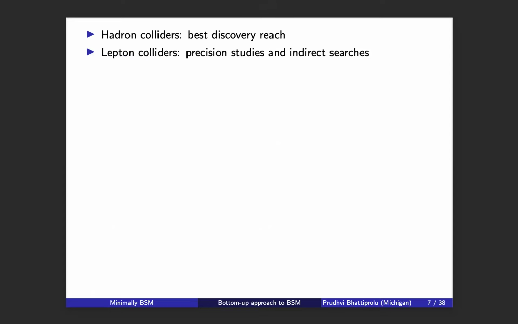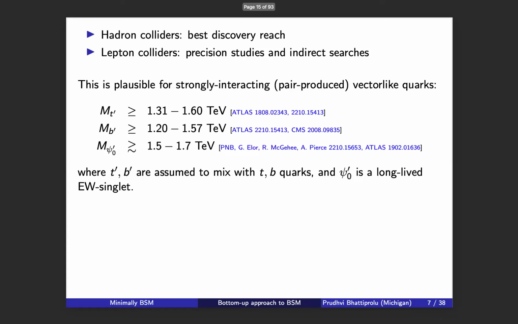Okay, so how do we go about probing these? Well, it's sometimes argued that hadron colliders have the best discovery reach for these particles, and on the other hand, lepton colliders could be used for indirect searches and precision studies. This is plausible for strongly interacting particles, for example vector-like quarks, where the bounds are well above the TeV scale.